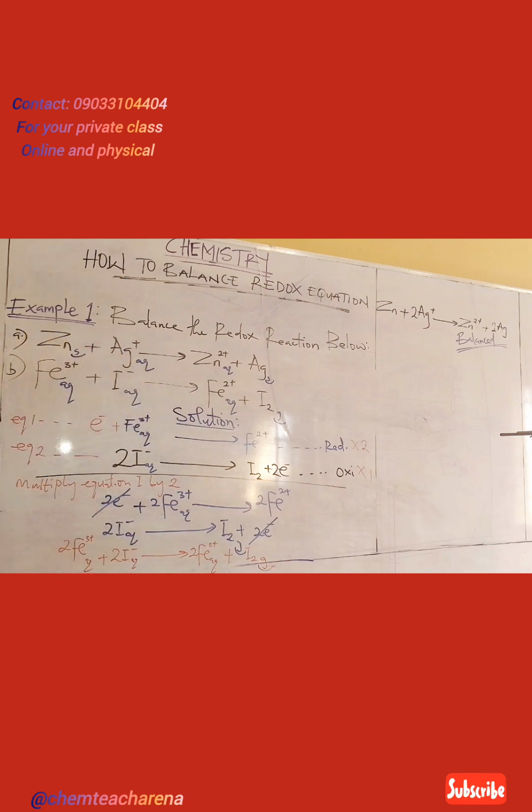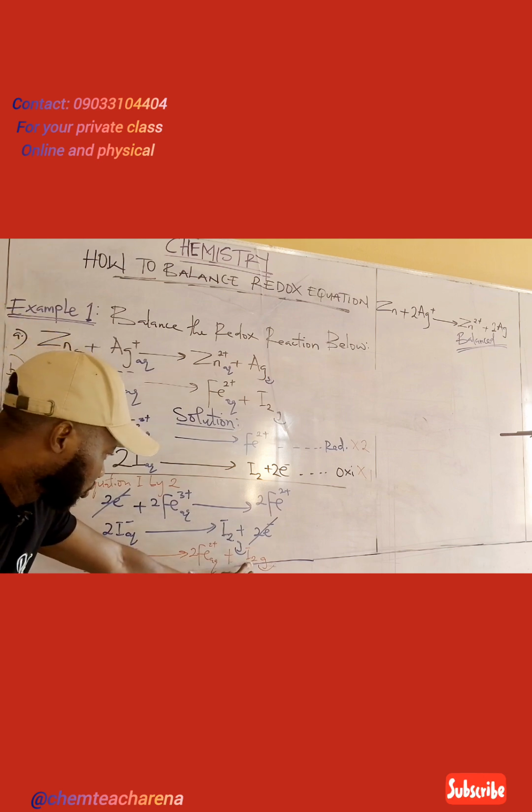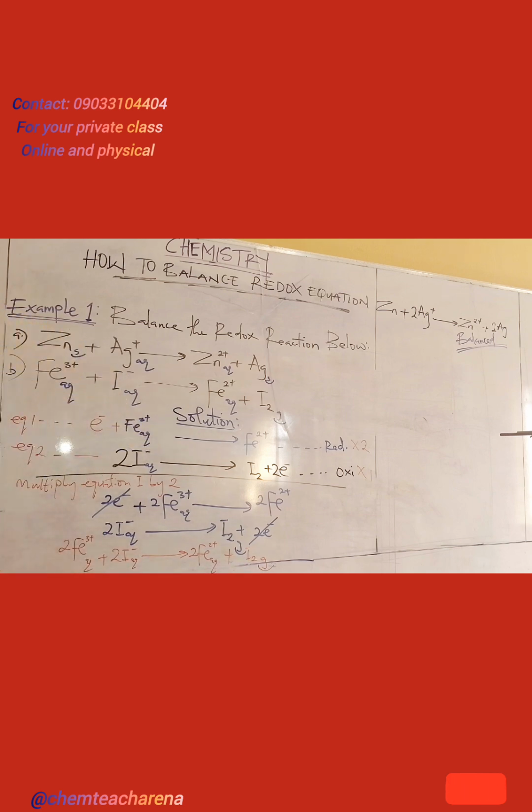Now let's check if the work is correct before you write balanced. Fe is 2, Fe is 2. Iodine is 2, iodine is 2. The atoms are balanced.